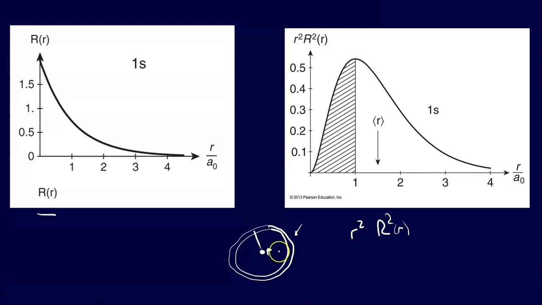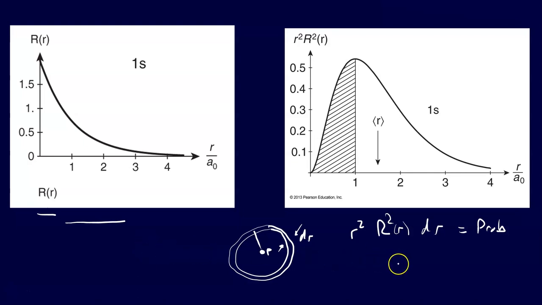And again, the thickness of this spherical shell would be dr. So this times dr is the probability of finding the particle inside this spherical shell. So it's a different thing you're looking at than this over here. It's the radial probability density versus just the radial function.